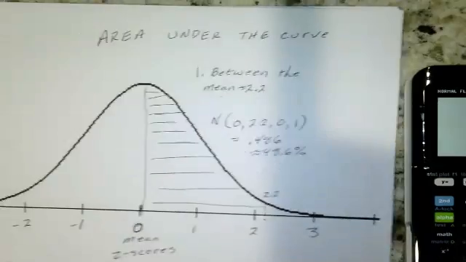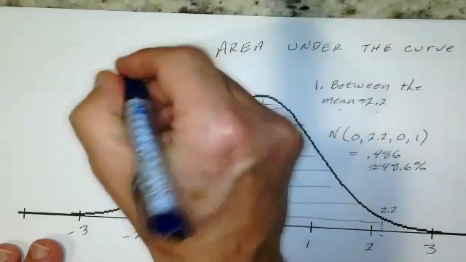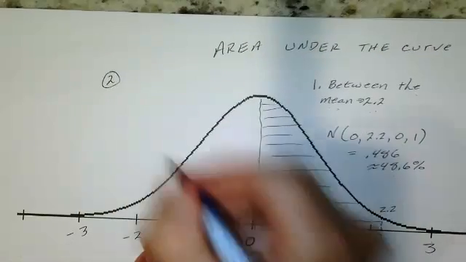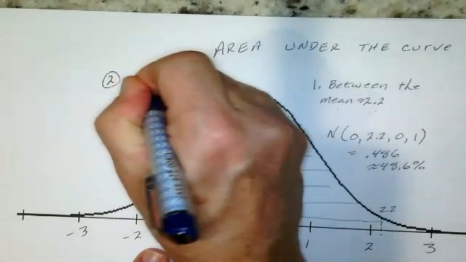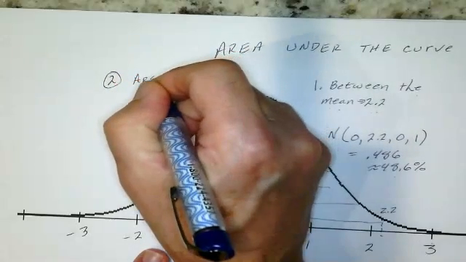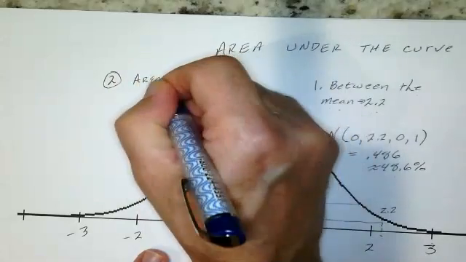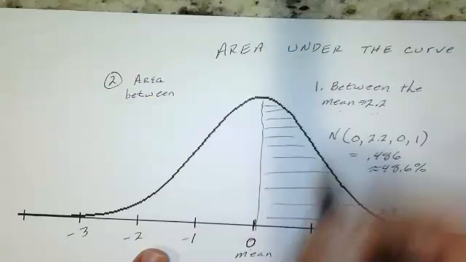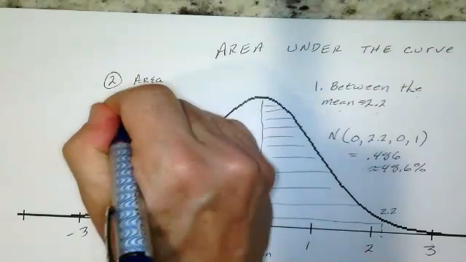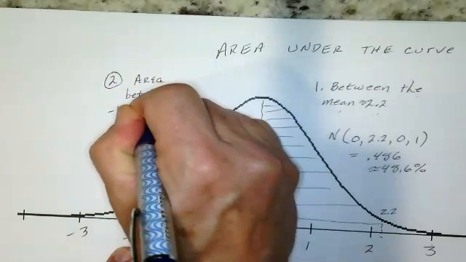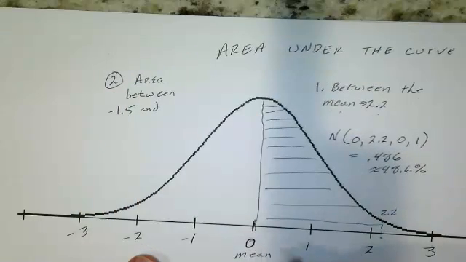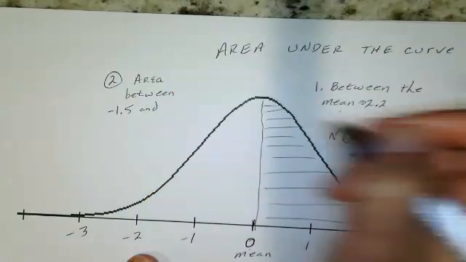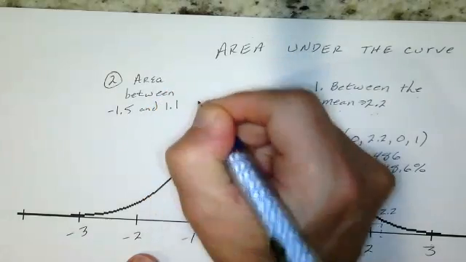So let's change this. Let's look at what if we want to find the area between two different numbers. And let's just, as a wild number, say we want to find the area between negative 1.5 and 1.1.